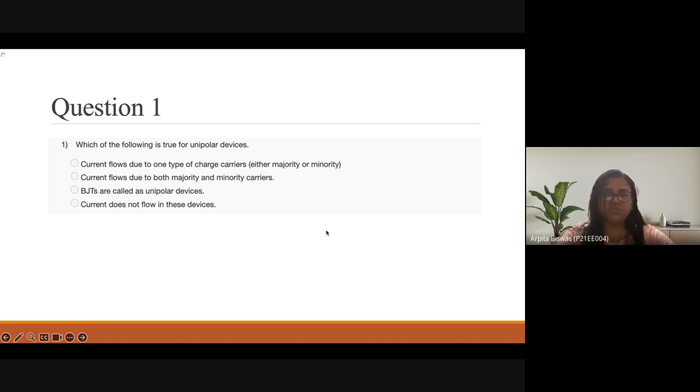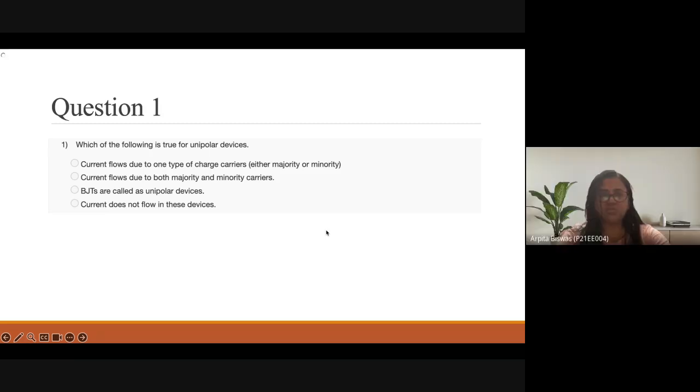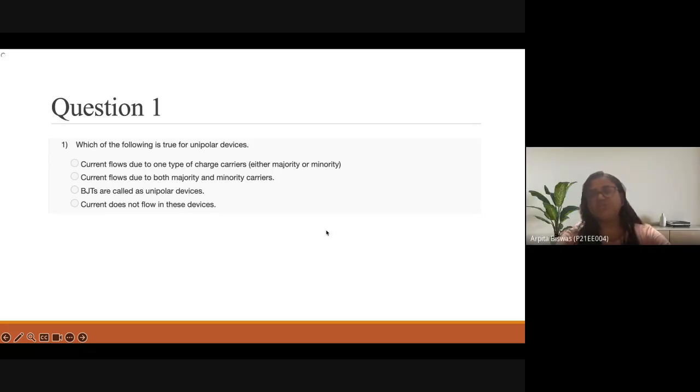Which of the following is true for unipolar devices? Option B. Okay. First option. Anyone else? There are some more students.